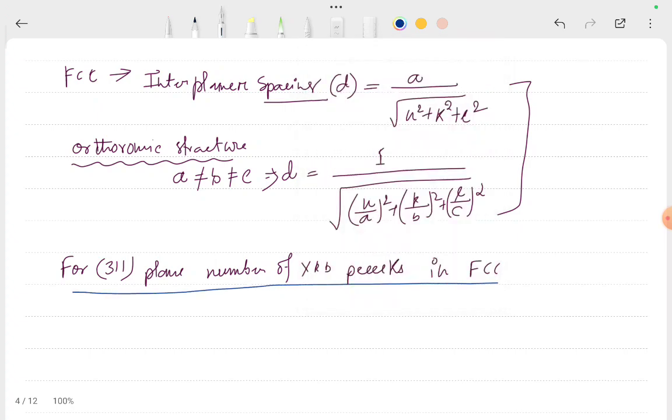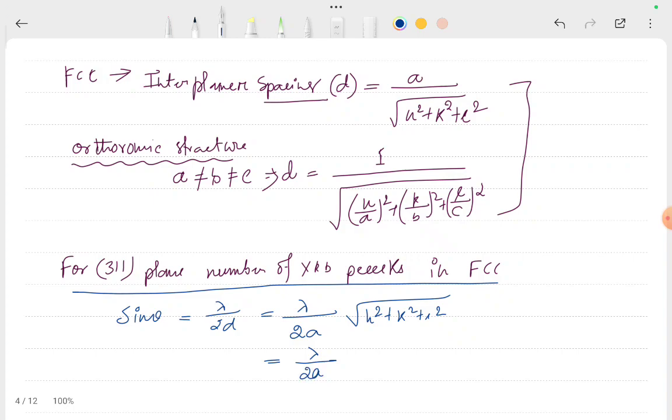So sin theta is equal to lambda upon 2d, and for an FCC lattice, lambda upon 2a times root of h square plus k square plus l square, and it's 311.